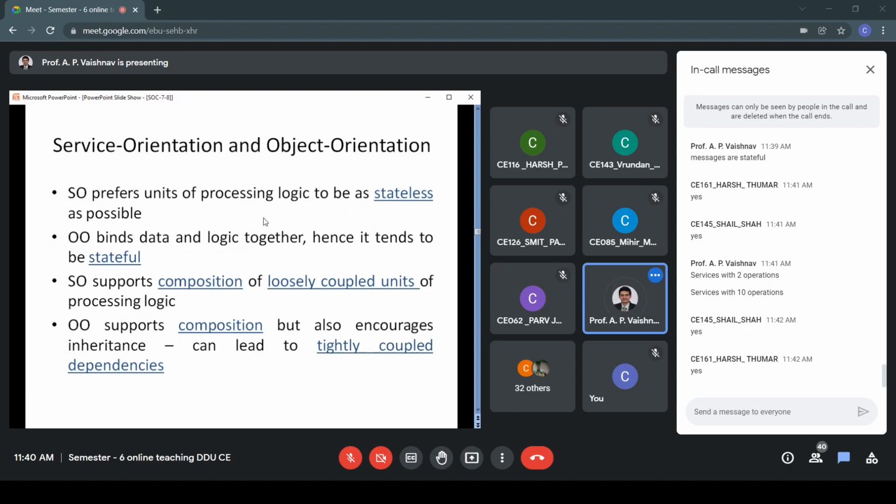In object orientation, an object binds data and logic together. Data means variables, logic means methods. Hence, it tends to be stateful. All of you are clear with this point? We already discussed that objects are stateful, while services are stateless.